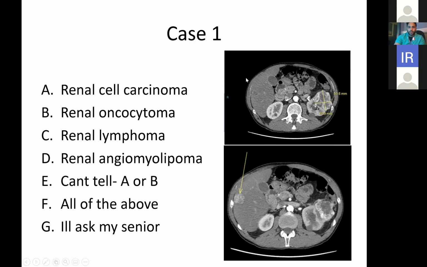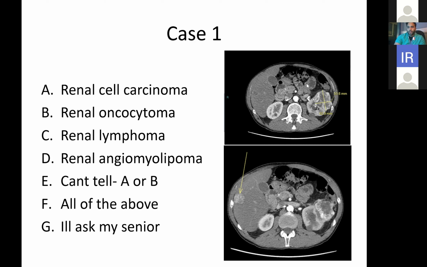So if I just open up the chat box, I want you guys to type in what you think it is. Just one second. So yeah, just type away what you think this lesion is.